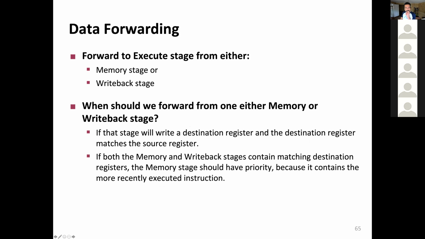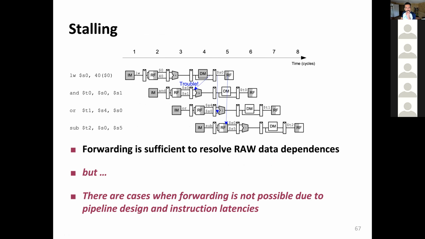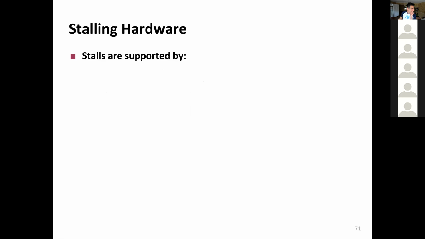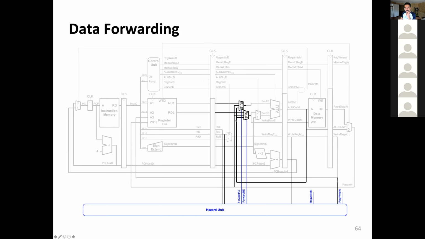So if you look at this, 1, 0 means that this is forwarded from memory stage.